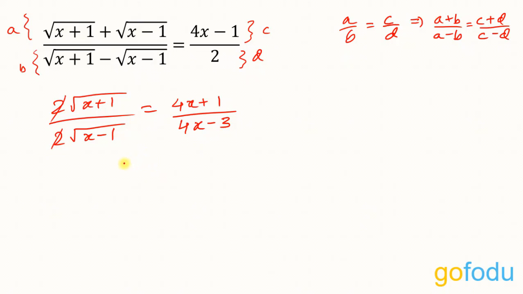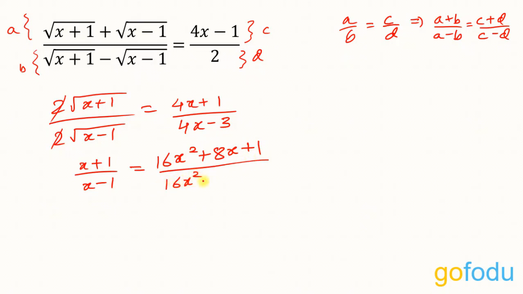Square both the sides and we will get x plus 1 upon x minus 1 is equal to 16x square plus 8x plus 1 upon 16x square minus 24x plus 9.